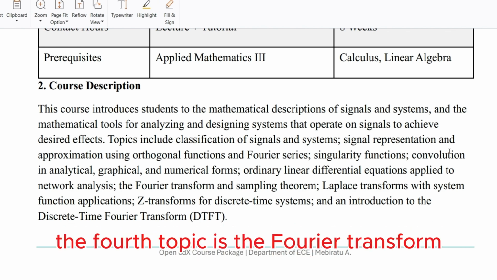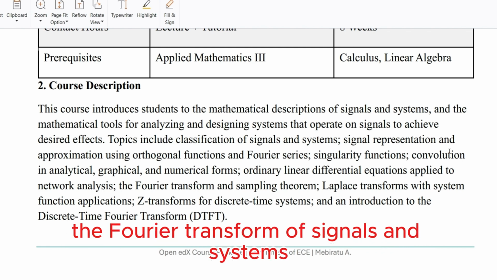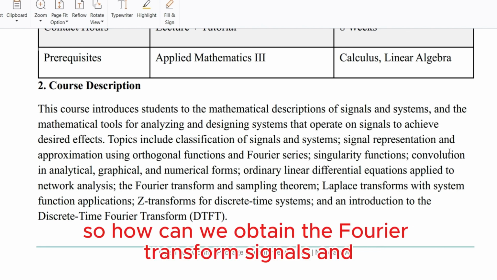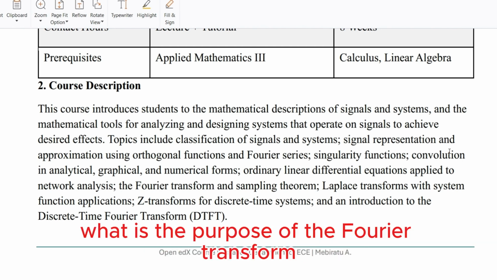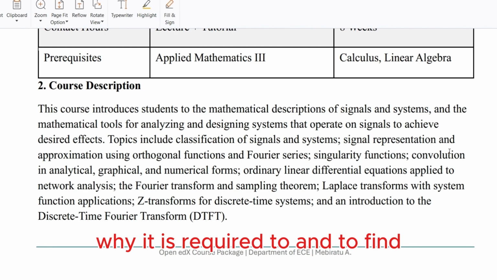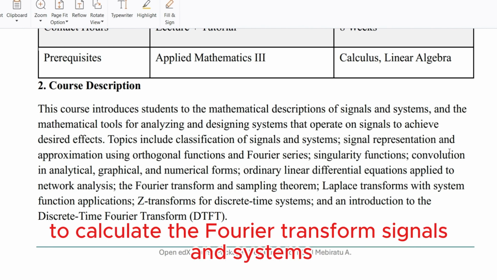And the fourth topic is the Fourier transform of signals and systems. So how can we obtain the Fourier transform of signals and systems? What's the purpose of the Fourier transform? Why is it required to calculate the Fourier transform of signals and systems?